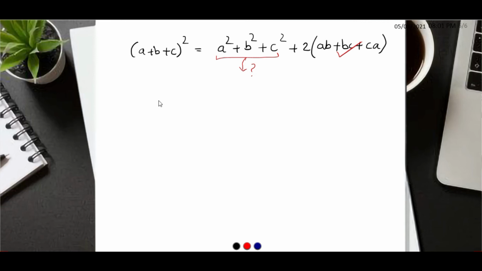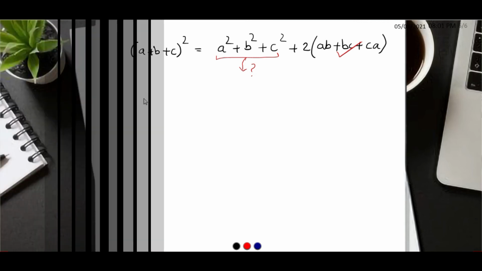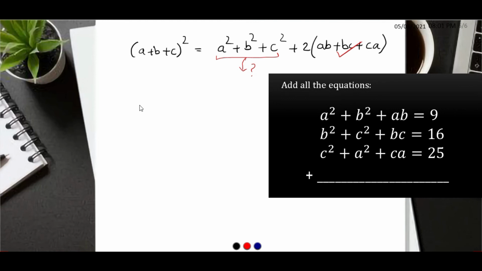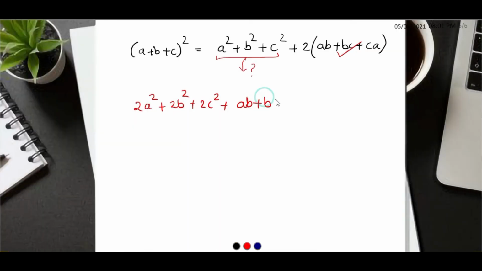By adding all the original equations, we can see that 2a square plus 2b square plus 2c square plus ab plus bc plus ca is equal to 3 square plus 4 square plus 5 square.